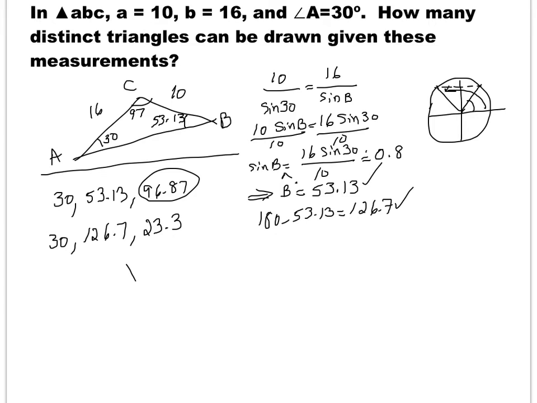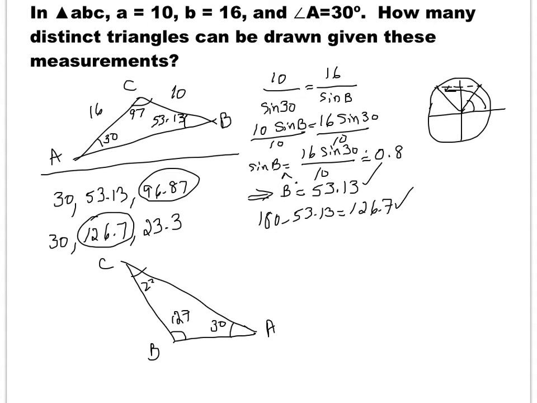The other possibility is going to be a triangle like this one: A to be 30, B to be about 127, 126.7, we round it to 127, and then the other one is 23.3. So two possibilities here. This is what we call the ambiguous case.